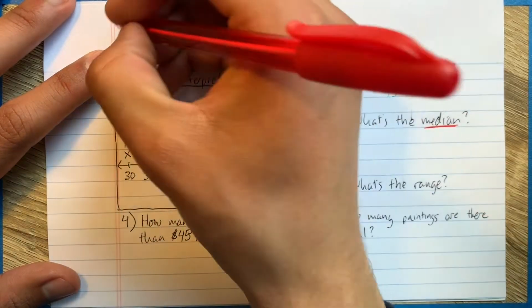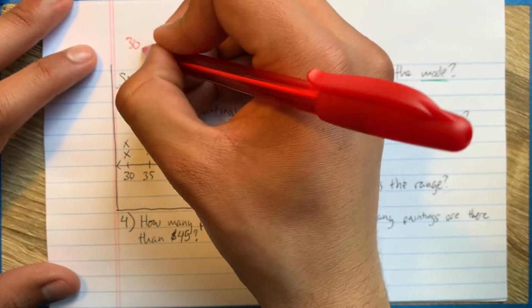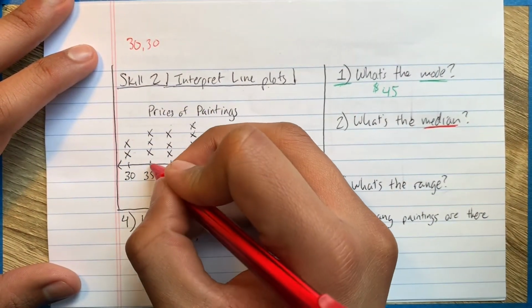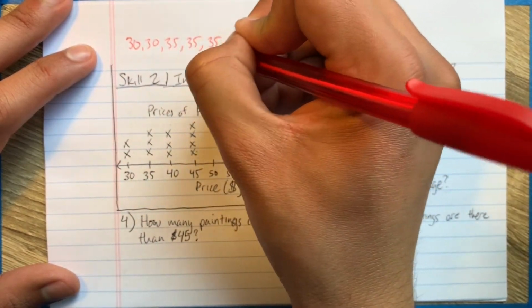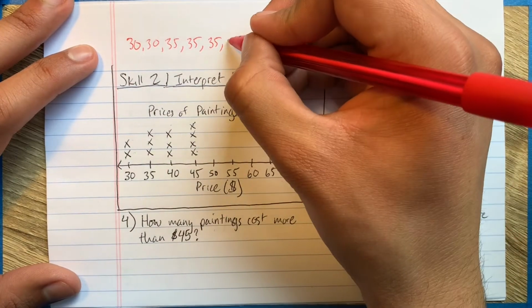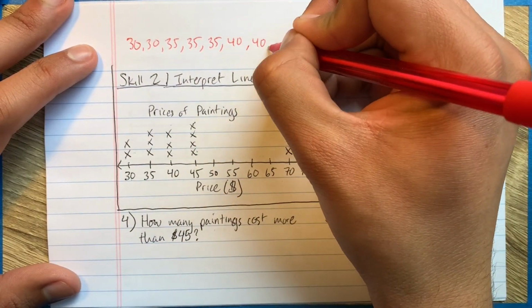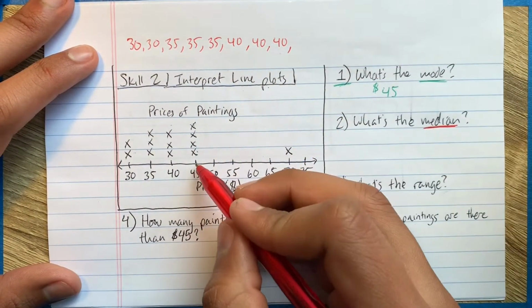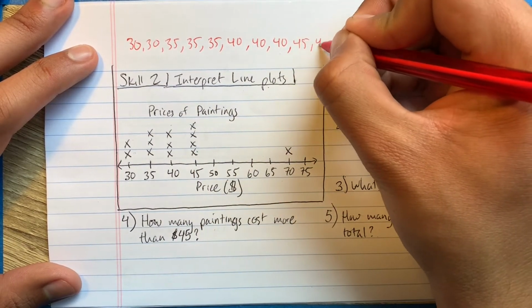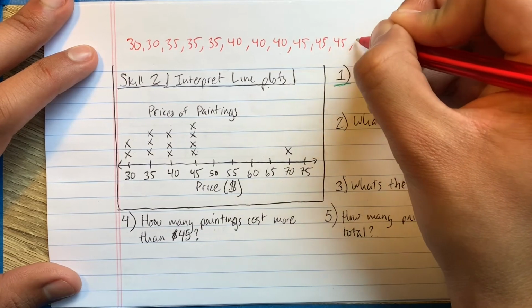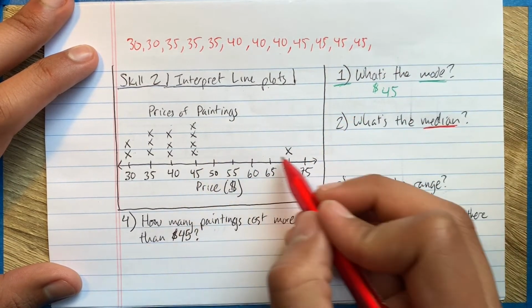So I have 2 30s. I have 3 35s. I have 3 40s. I have 1, 2, 3, 4 45s. And I have 1 70.